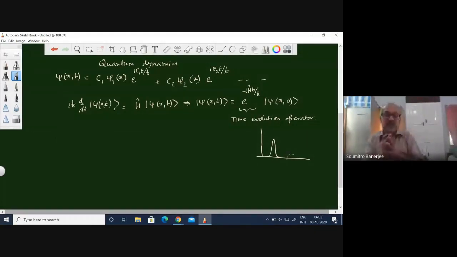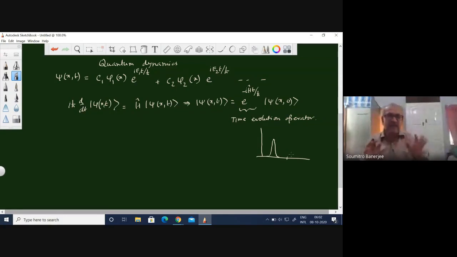But what I'm trying to point out is that this whole idea is based on a particular visual representation, that the wave function changes with time. And at any point of time, if I want to extract information about anything, for example the energy, the expected value of position, the expected value of momentum, all we need to do is operate by the appropriate operator and get the information.